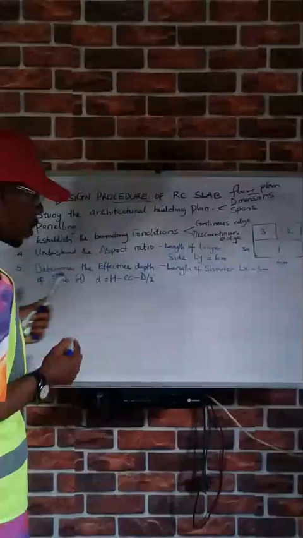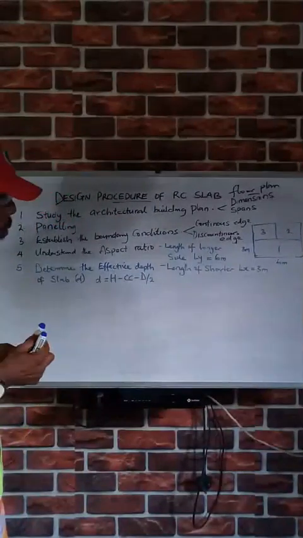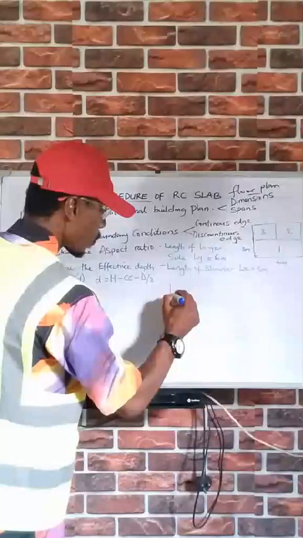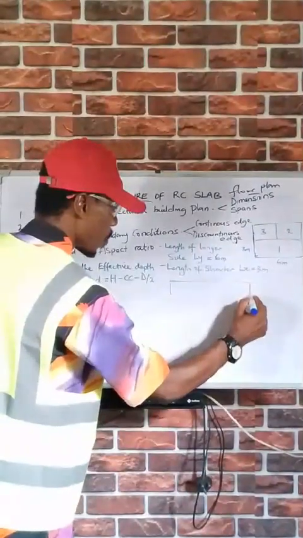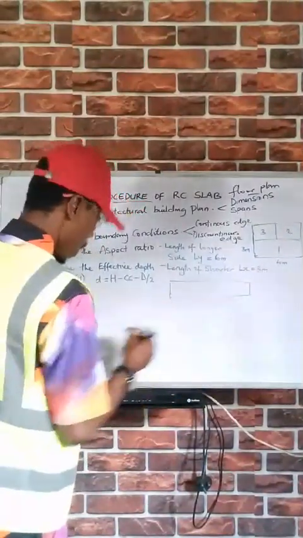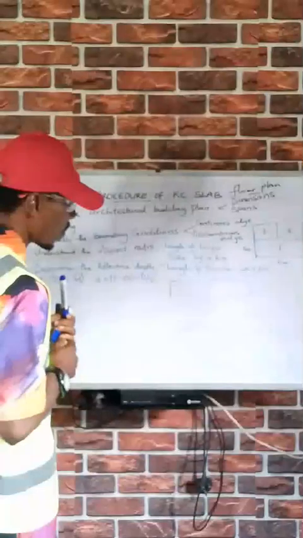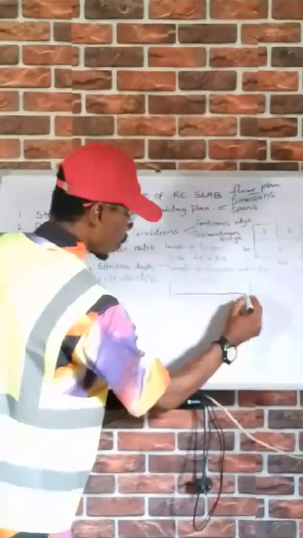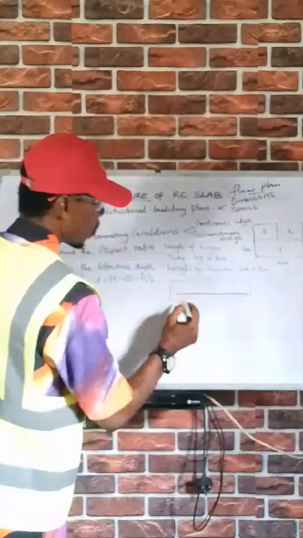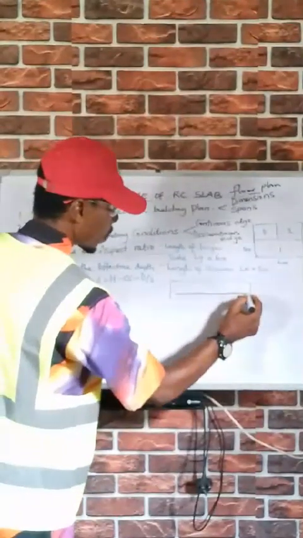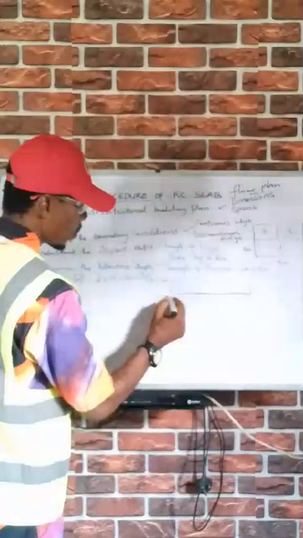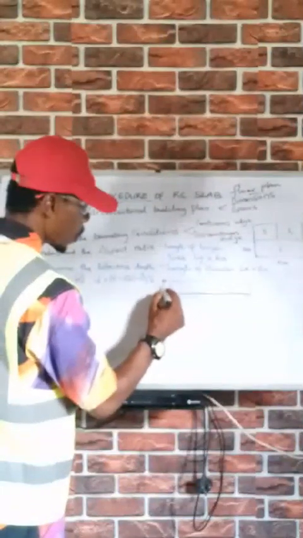So what this simply means is that, for example, you have a section of your slab in this manner, and you have your reinforcement. From this point to this point becomes your h.